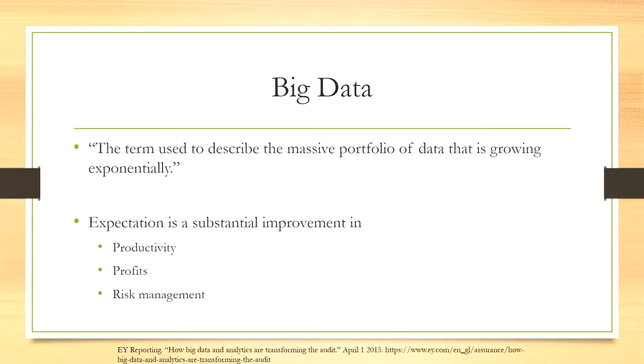Big data is ubiquitous, right? It's everywhere. It's a term used to describe this large portfolio of data that's growing exponentially. We'll see some graphics here in a minute, but the goal in its application in the business world is to improve productivity, improve profits, improve risk management, essentially how data is being used to change the way firms are managed.